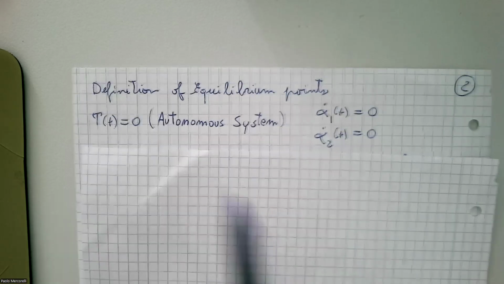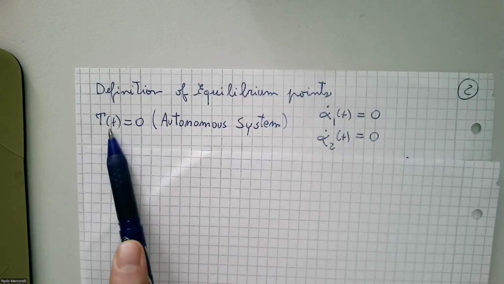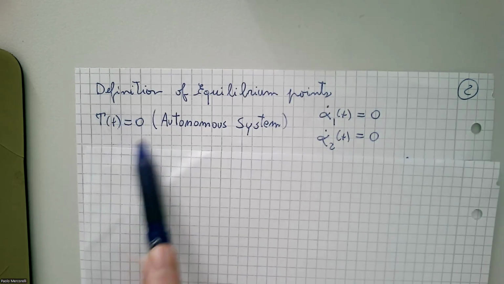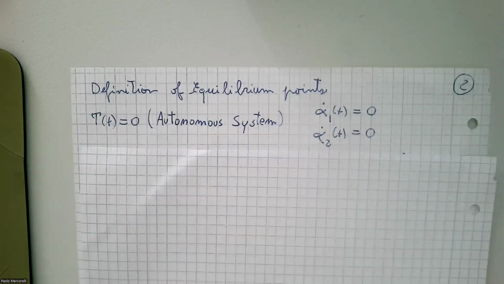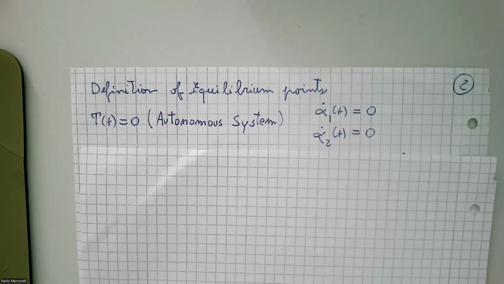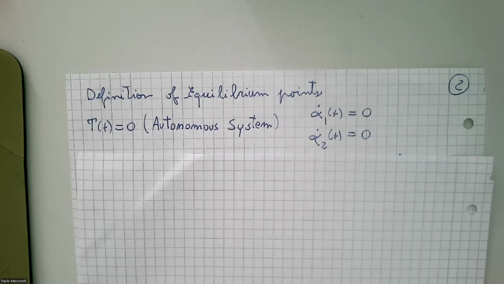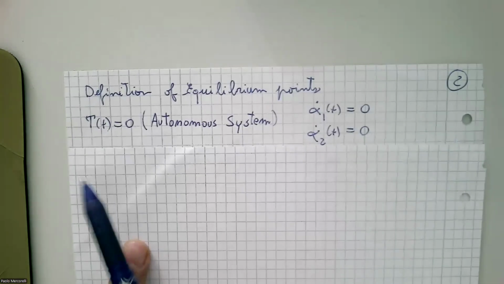Let me show you some theoretical parts. Let me consider the torque equal to 0. This means without input, where can I see the equilibrium point of the system if the torque is 0? We say autonomous system.